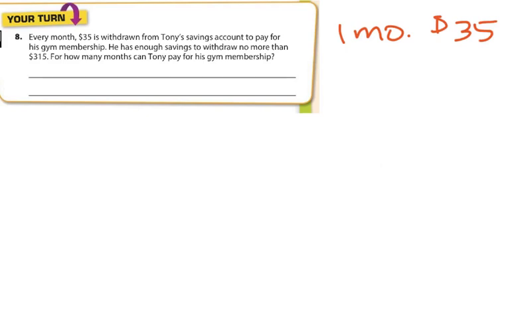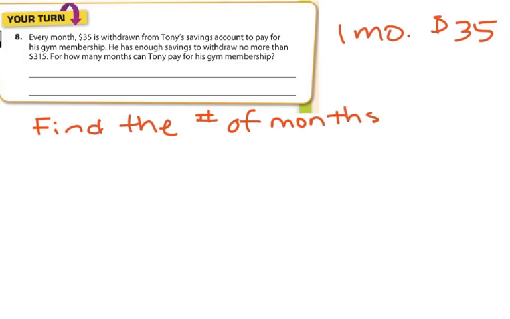So reading it through one more time, I'm realizing that the important information I might want to write is a statement instead of a question: I'm looking to find the number of months that Tony can pay for his gym membership, right? I'm just going to put for gym.